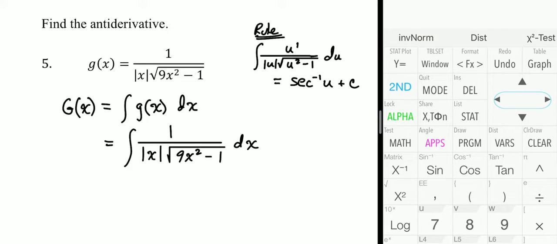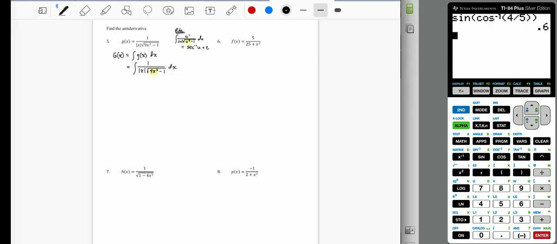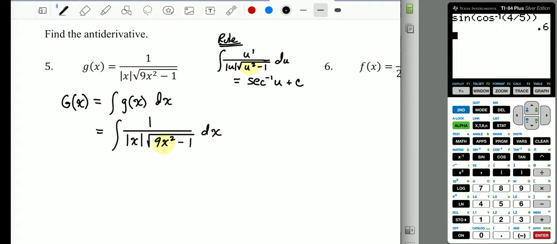The first thing I notice is that the u squared appears to have become a 9x squared. If I can figure out what the value of u would be that would make that 9x squared into a u squared, I think I'll be in a good place to start.